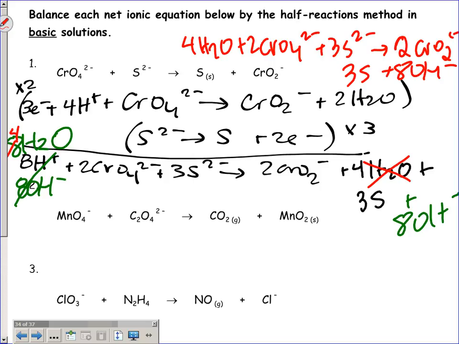Okay? So let's go ahead, we got 10 minutes left. We just did 1 together on the balancing bases. Let's do 2.